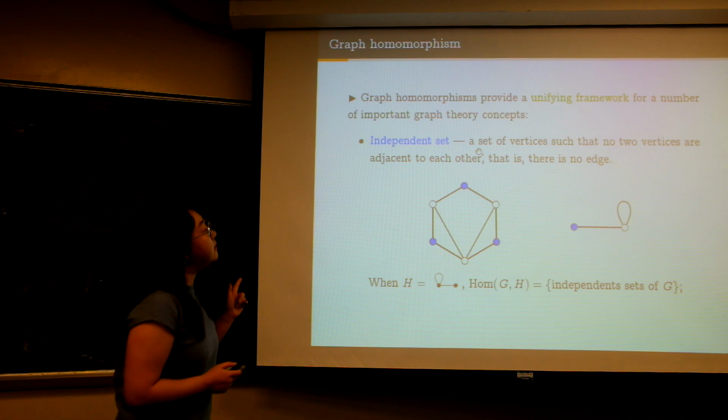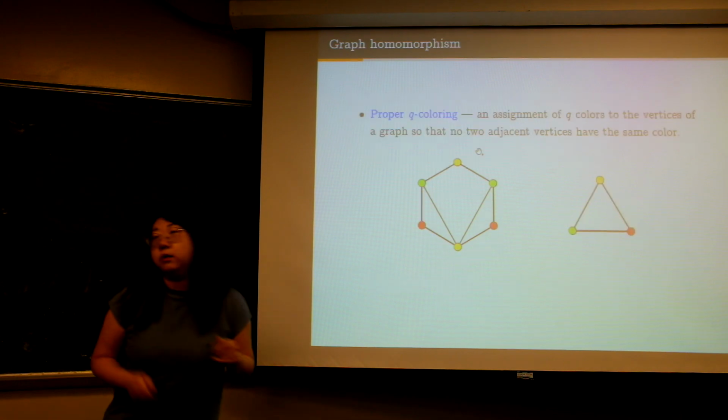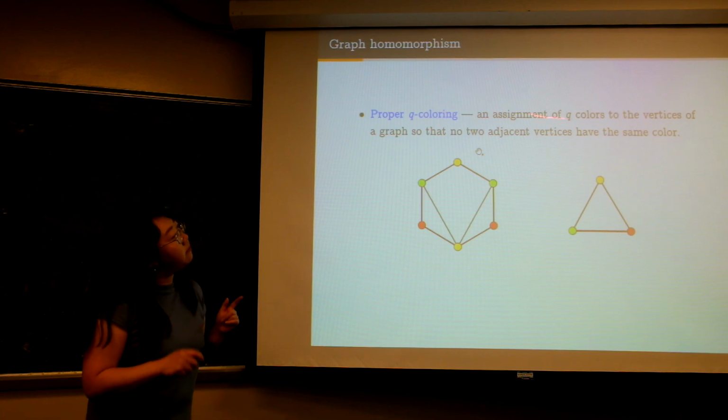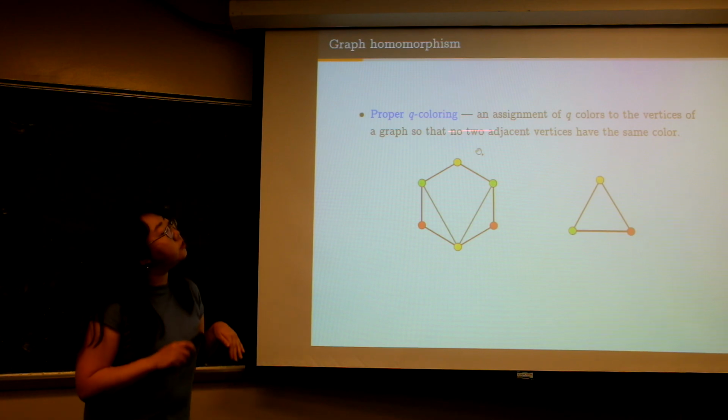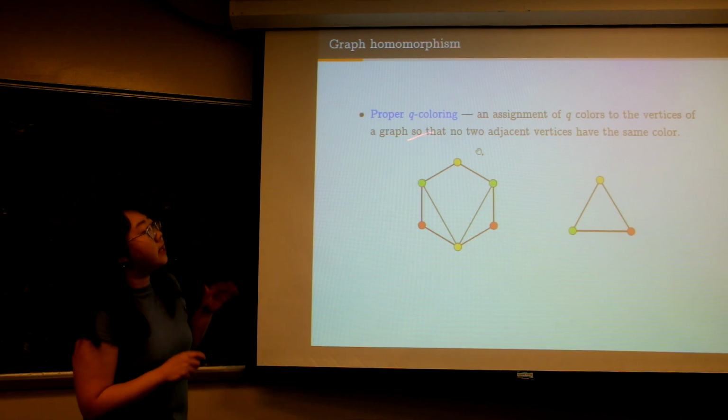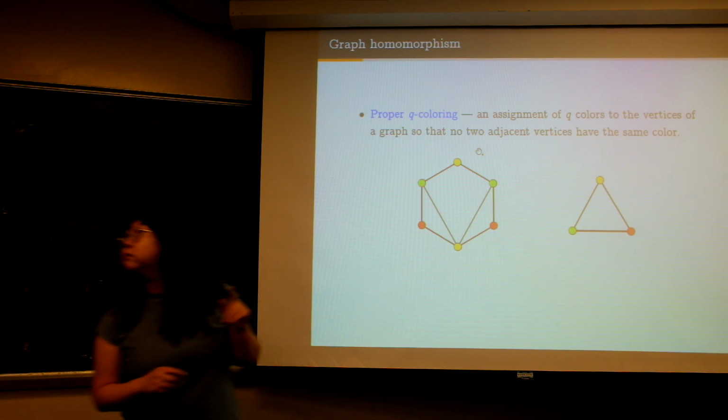So that's independent sets. Second one, proper Q coloring. Here what I mean is an assignment of Q colors to the vertices of the graph, so it's vertex coloring, such that no two adjacent vertices share a color. One slide back, please.